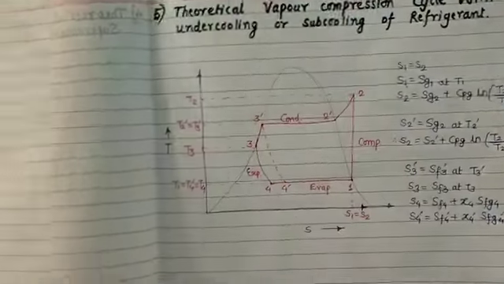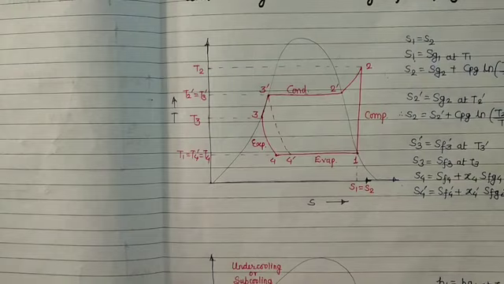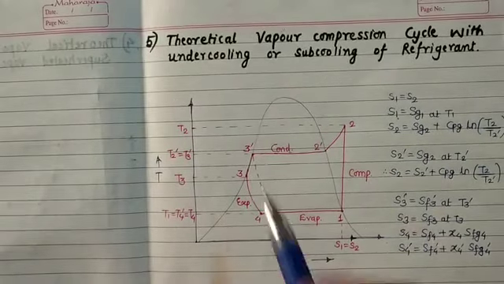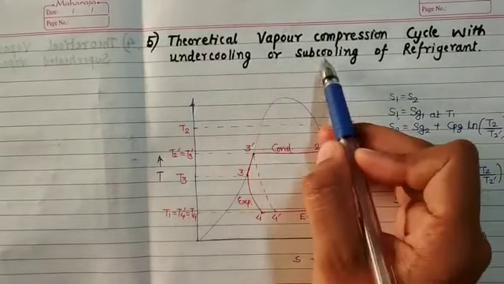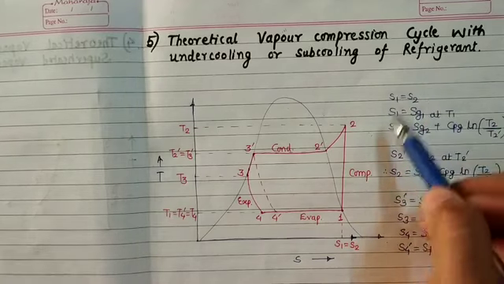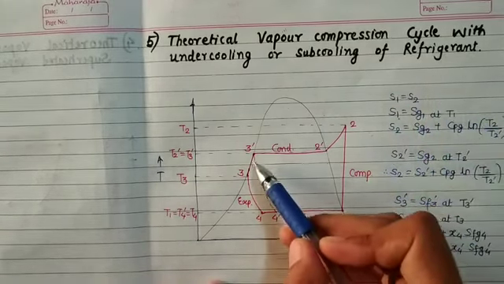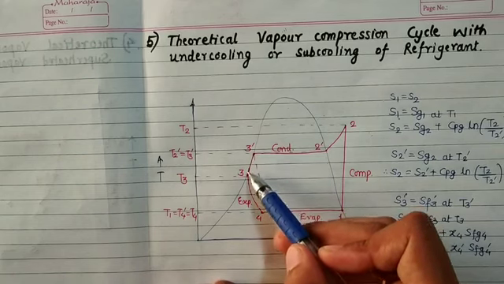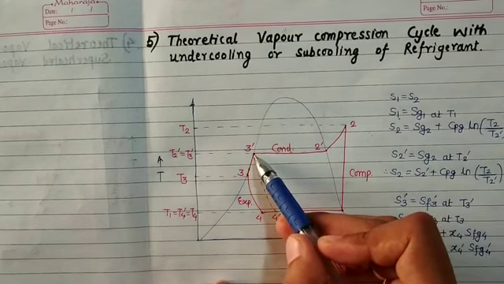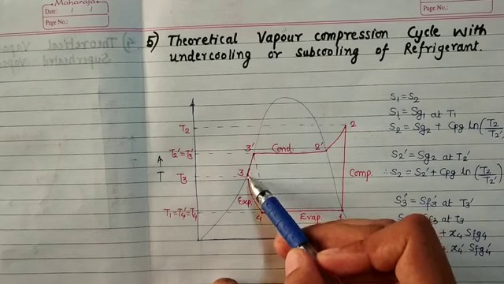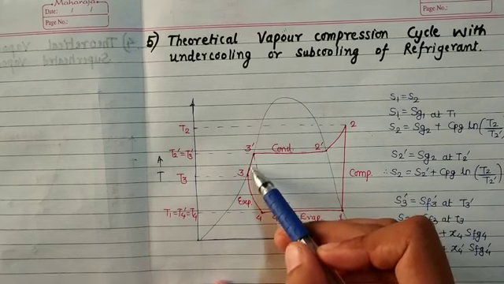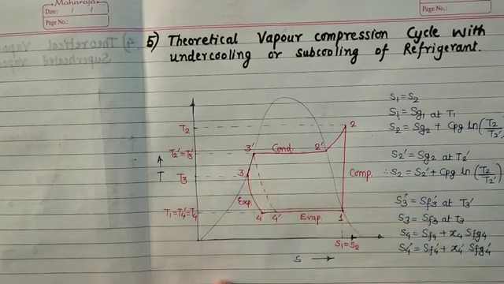So next is the theoretical vapor compression cycle with undercooling or subcooling of refrigerant. Undercooling or subcooling of refrigerant means further temperature reduction after condensation. So temperature reduction after condensation is nothing but subcooling or undercooling.